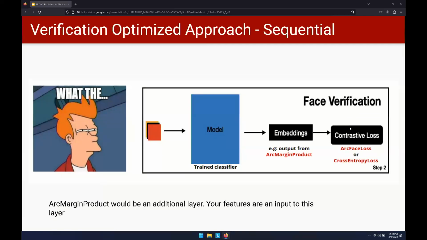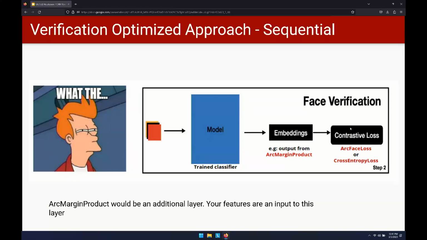So you could put in possibly an arc margin product, which basically takes in these embeddings and projects them onto a sphere. And effectively, you're trying to group all these similar identities together on one end of the sphere, and separate identities on, like, let's say if there were only two different people that you're trying to classify, it would be ideal if you had one set of people on one end and the other set on the diametrically opposite end, because that gives you the maximum distance between the two.